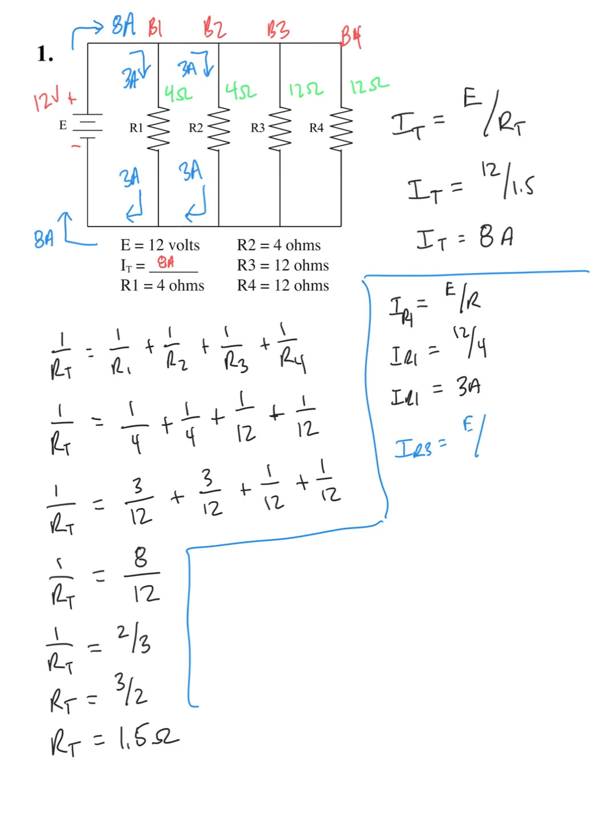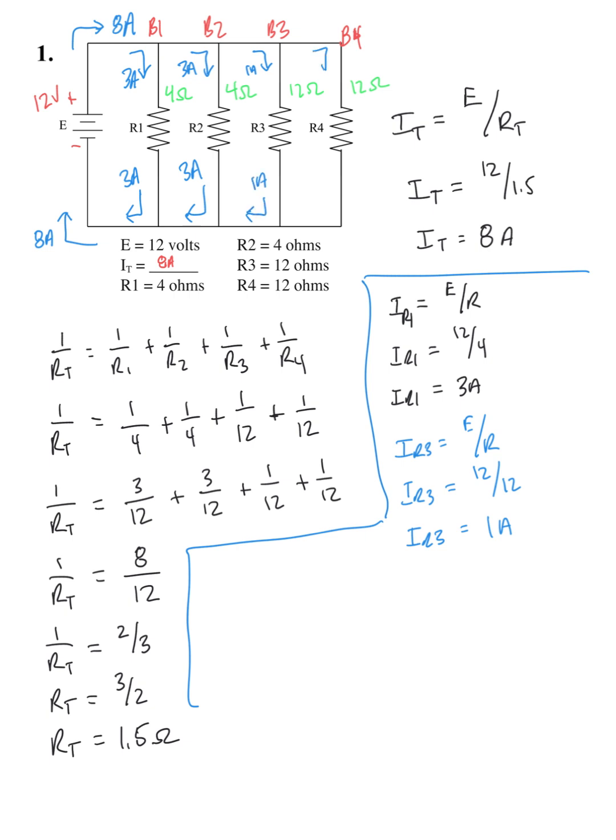So, sorry, I didn't change my color, but I don't think it's going to make a difference what we're doing. But 12 divided by 4. I'm sorry, R3 was 12, my bad. So 12 over 12. So IR3 is equal to 1 amp. So we go over here, coming out 1 amp.